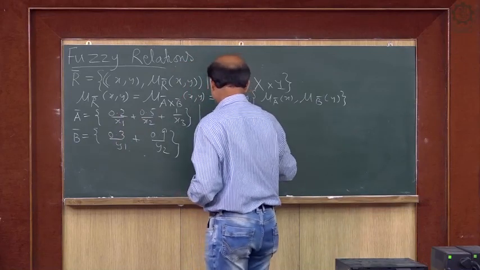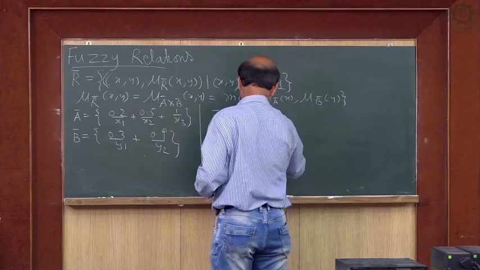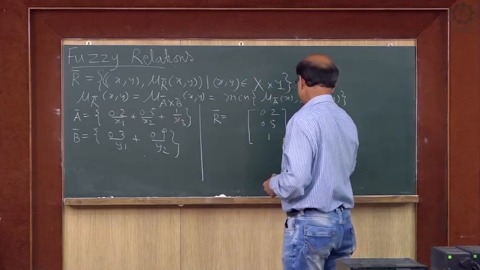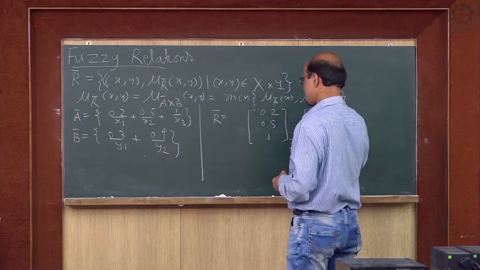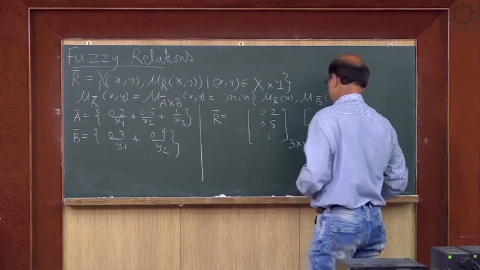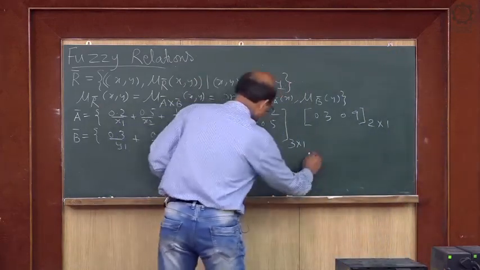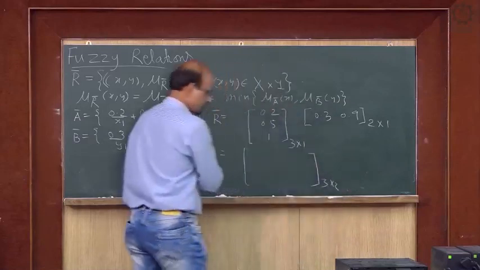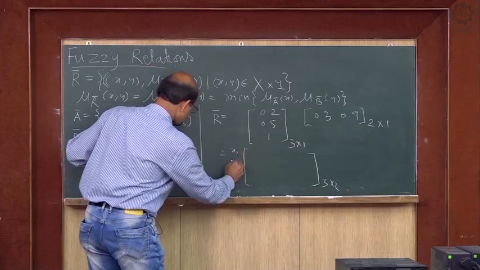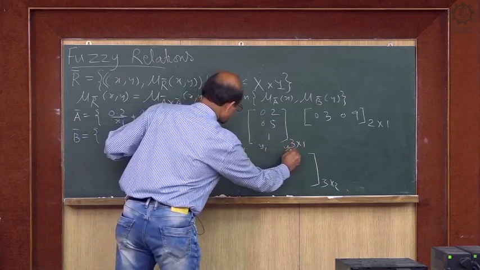I will write first 0.2, 0.5, 1, this is the 3 by 1, and this for y, that is 0.3, 0.9, this is 2 by 1. Then we form the matrix as 3 by 2. For this I will write x1, x2, x3 and y1, y2.